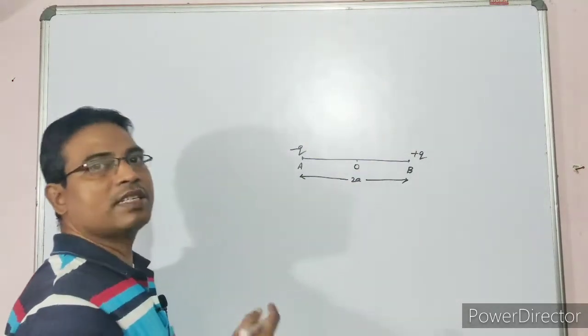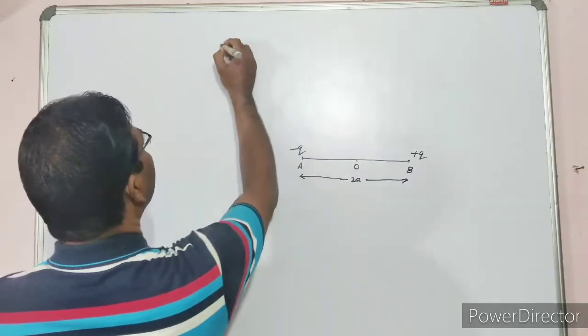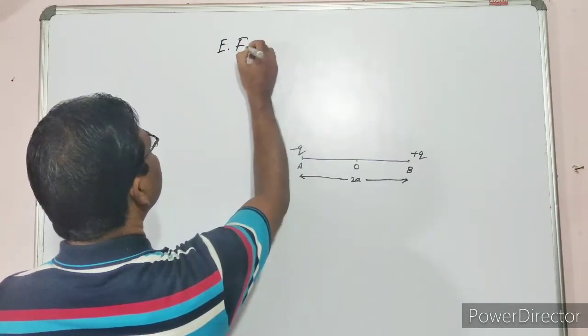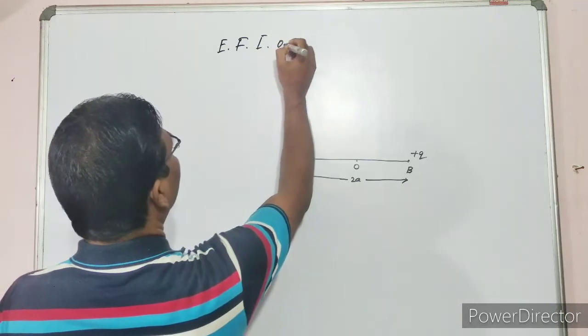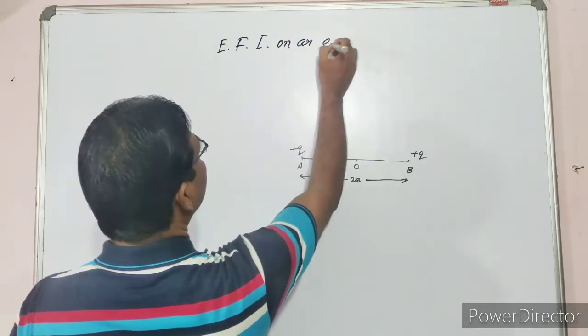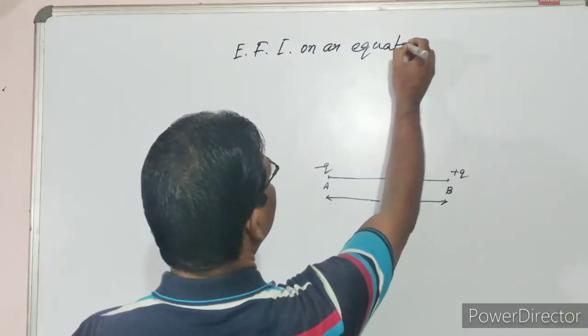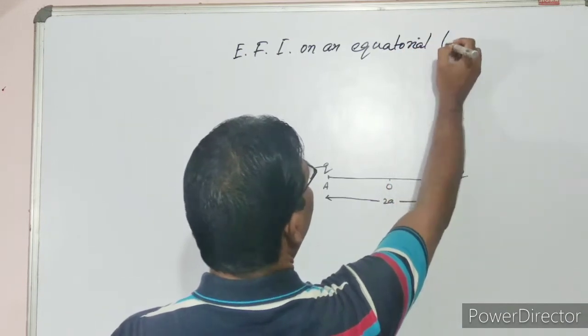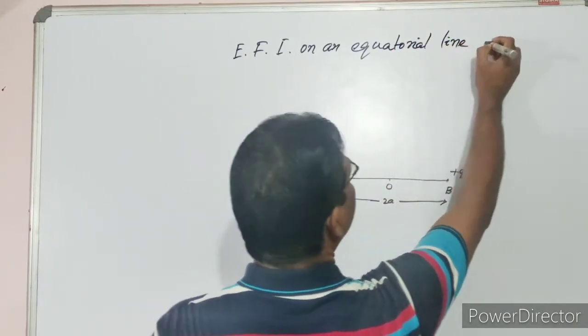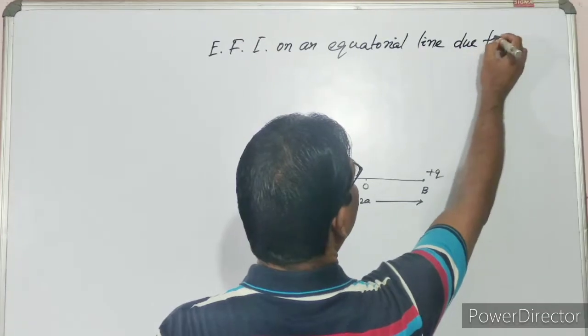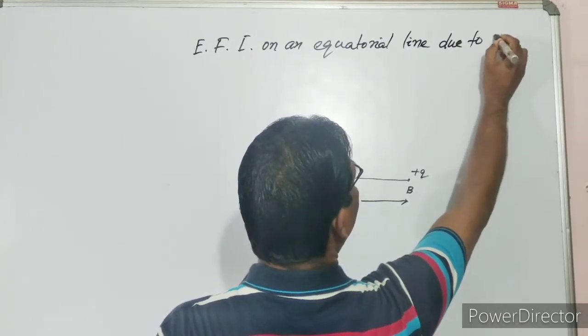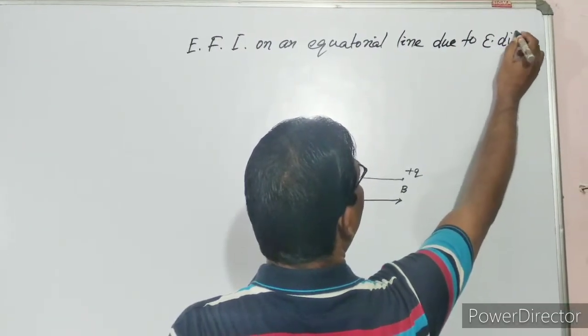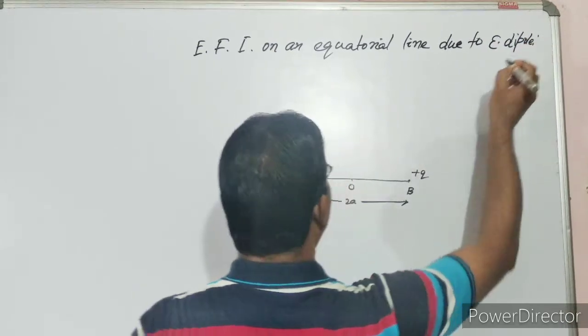But today's topic is electric field intensity on an equatorial line due to an electric dipole. Understand? Is it visible?